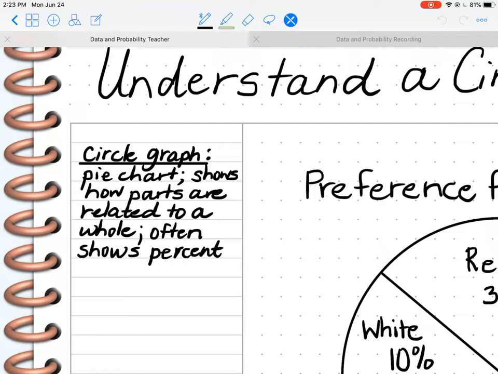A circle graph is sometimes called a pie chart because it looks like a pie that's cut into different sized slices. Its purpose is to show how parts are related to a whole, and these are very often done with percent or parts out of 100.